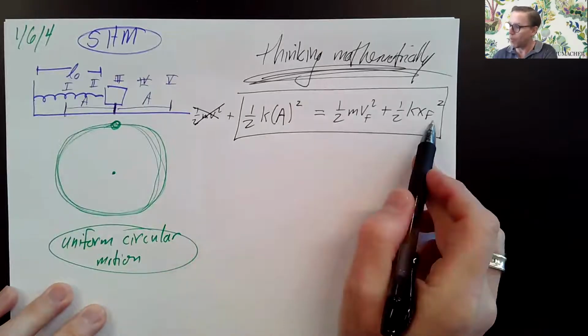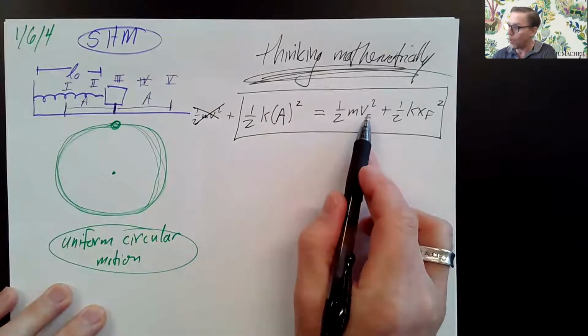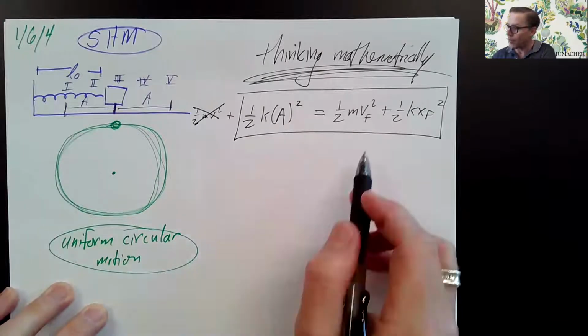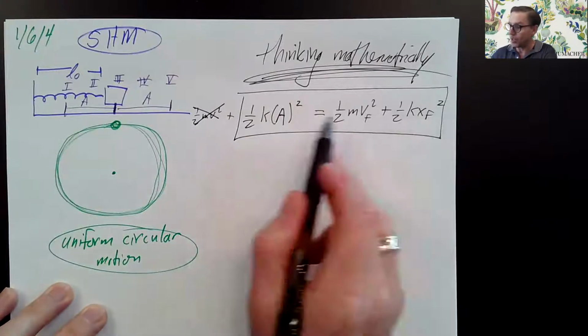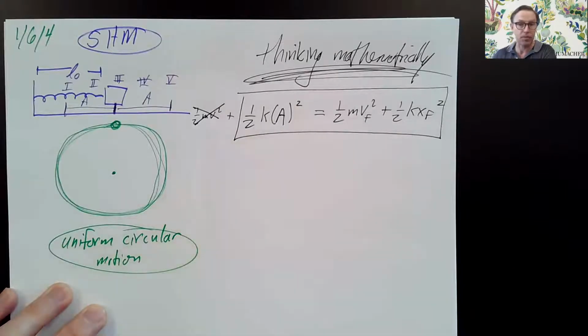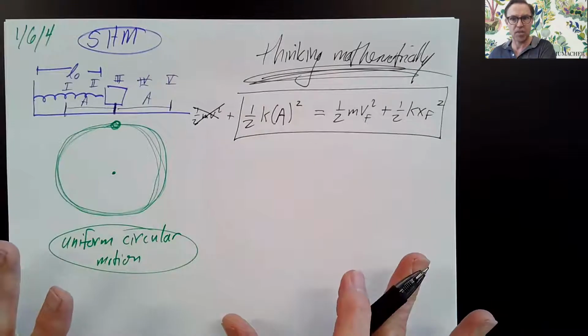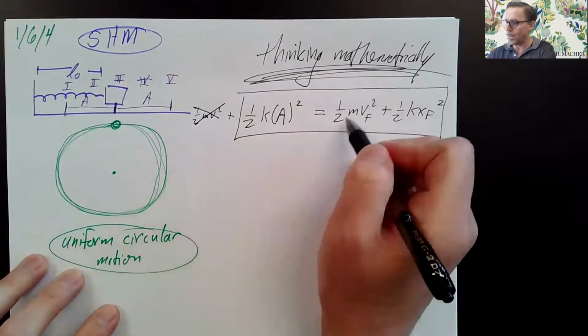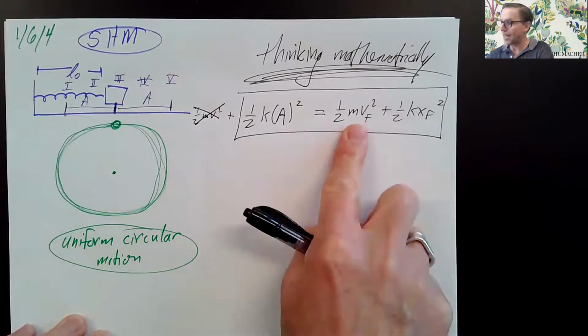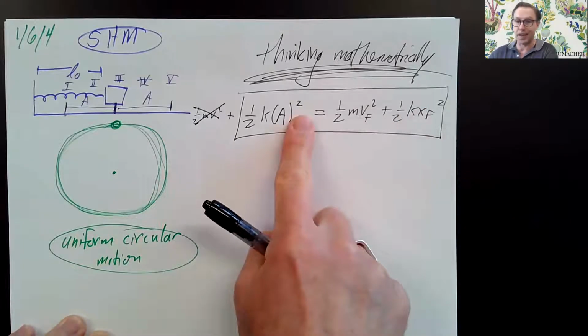So what would happen if I wanted to solve for v? Well, I could multiply both sides by 2, and all those 1/2s would go away. And then I could take this and put it on the other side, and then I could divide by m and take the square root. So again, let's talk about that algebra. I'm going to get rid of the 1/2 because they're in every term. If I want to solve for v, I'm going to take this term and move it over to this side and make it negative.